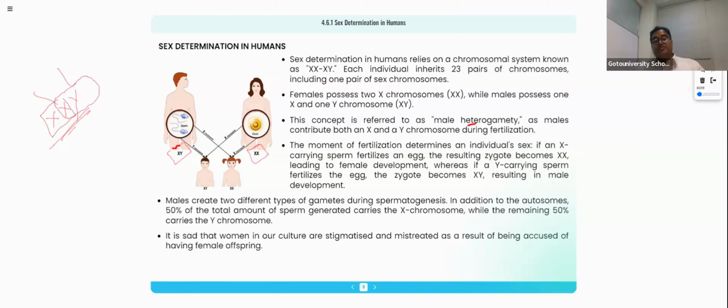So now the other condition we are telling you is 23 pairs of chromosomes, including one pair of sex chromosomes. What do you mean by that? You know very well that 22 chromosomes are similar for both male and female, whereas in the male the sex chromosomes are XY, and in the female they are double X. So this 22 is nothing but what exactly?